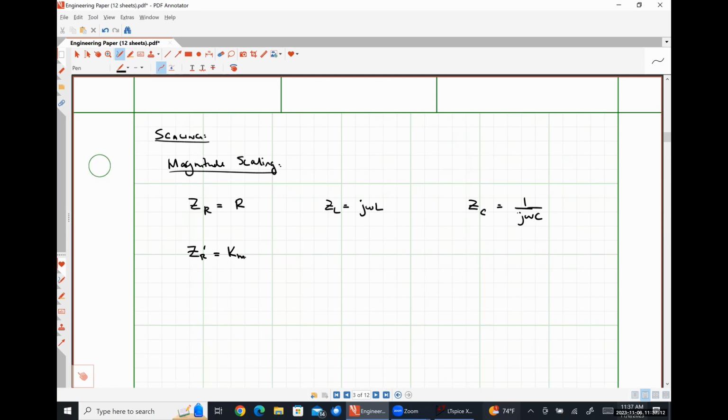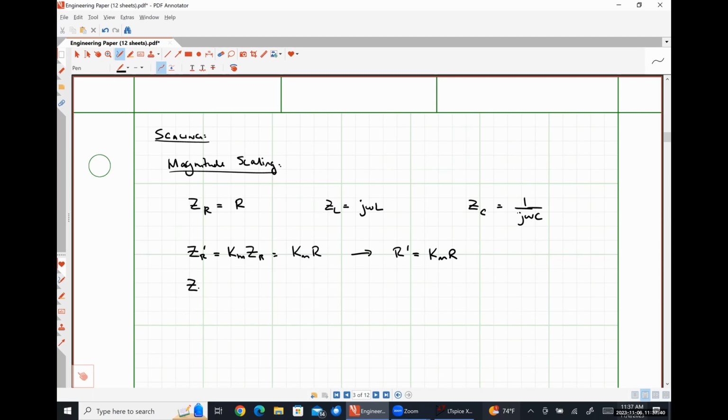And so this is just going to be Km times ZR, where Km is our scaling factor, letting us know how much we want to scale this thing. And so we would simply have Km times R, and from this, we can say that R prime, the scaled value of our resistance, is just Km times R.